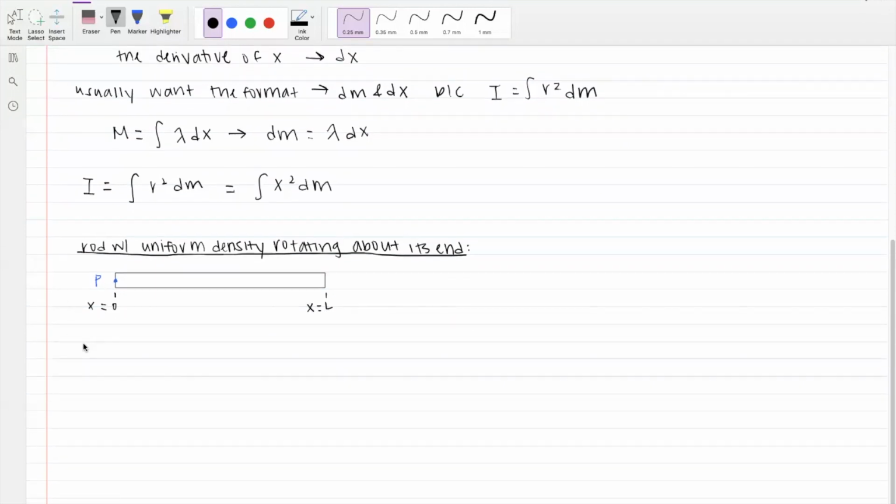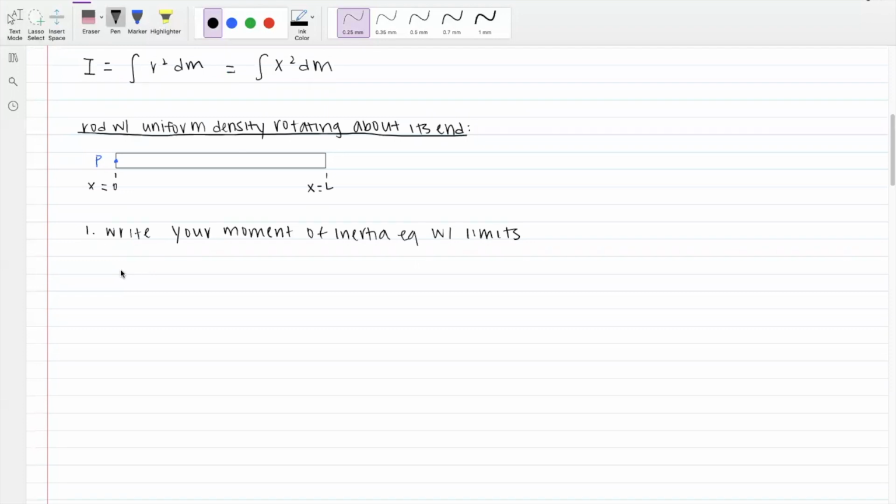The first thing you want to do is write your moment of inertia equation and write the limits. So we have I is equal to the integral of x squared dm, and we're going to be integrating from the position of 0 to L.